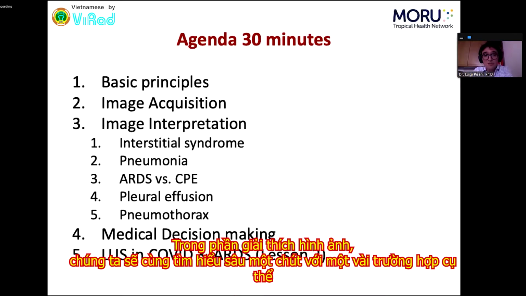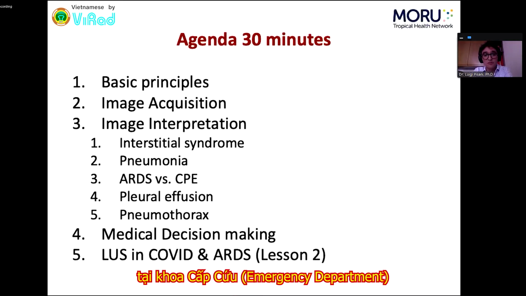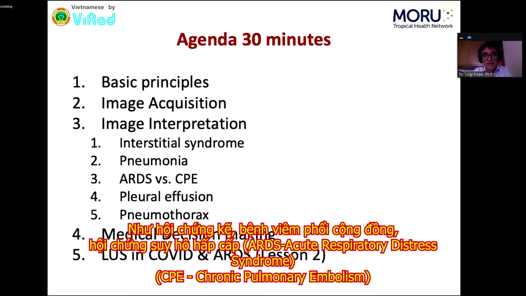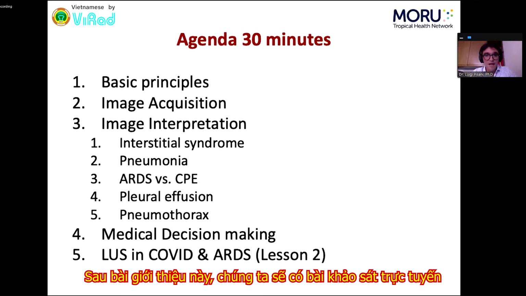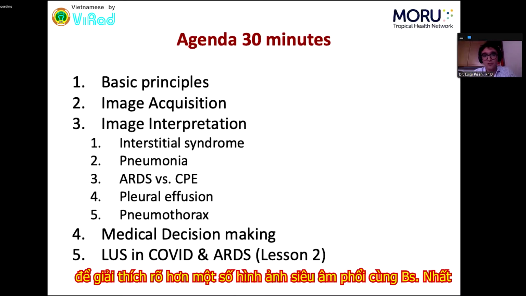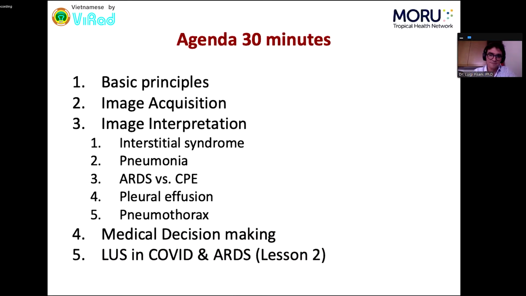In the image interpretation, we will go a little bit deeper into some of the conditions that we will find in our ICU and in our emergency department, like pneumonia, edema, effusion, and pneumothorax. After this first introduction lecture, we will have an online survey for you to interpret some lung ultrasound images together with Dr. Nyat. And we will then move on to lung ultrasound in COVID and COVID ARDS.